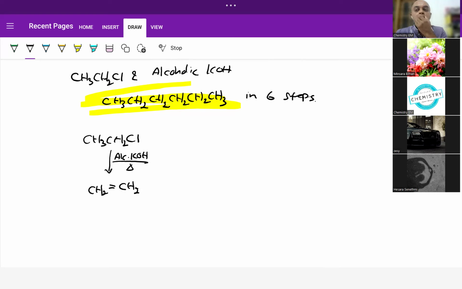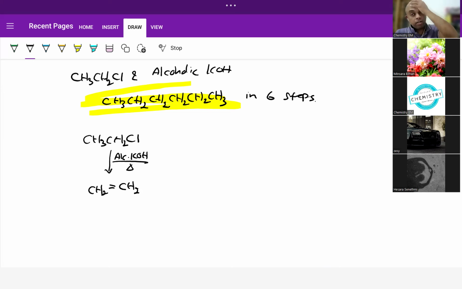Now, when you look at this conversion, the number of carbon atoms has been increased, right? That means initially we have two carbons, making a monomer pattern CH3CH2Cl. However, you have to start from there because you can't start from the alcoholic KOH, right? So that is some hint that you need to understand. Then, if you check the end result, it has 6 carbon atoms, right?